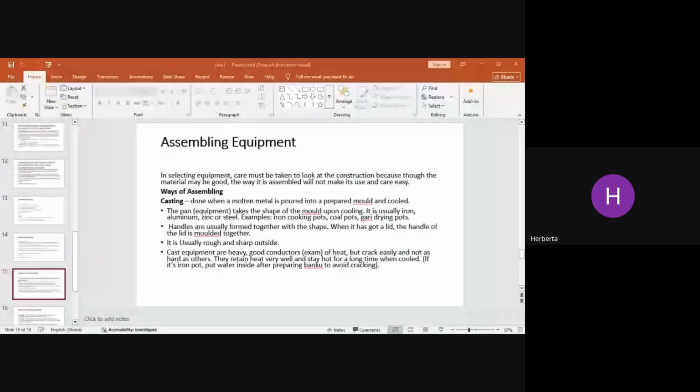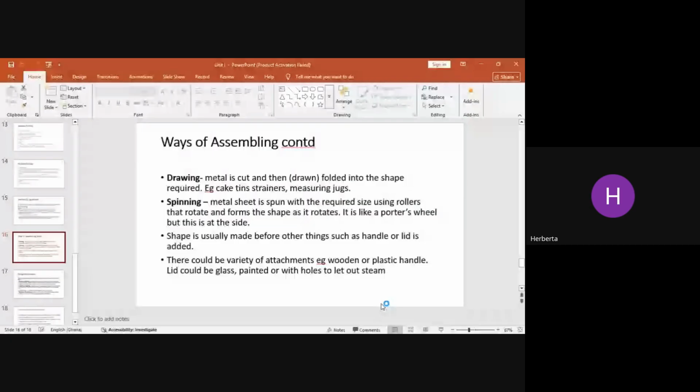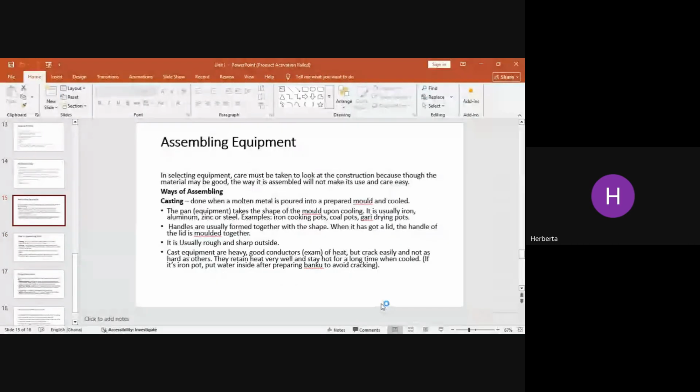So we have various ways of assembling it. One of them is casting, another one is drawing, and spinning. So we have three main ways: casting, drawing, and then spinning. How is casting done?